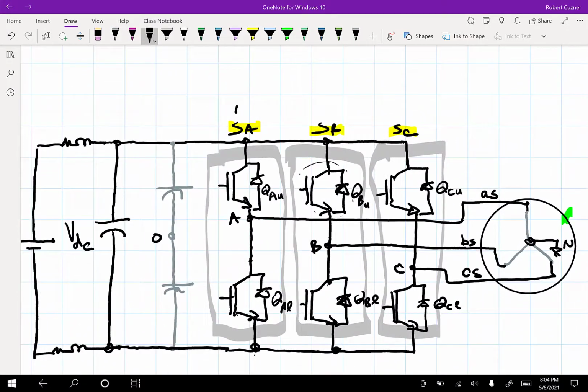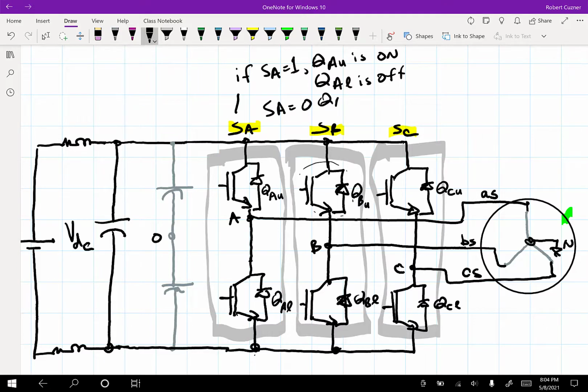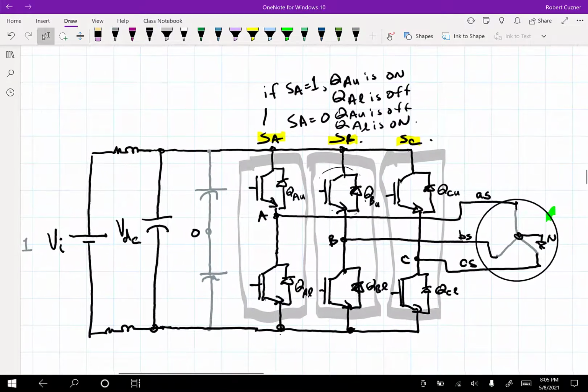So I wrote that out to explain what we're doing with these logic states. If SA equals 1, QA upper is on, and QA lower is off. If SA equals 0, QA upper is off, QA lower is on. And the same will go for these other 2 phases. So we've explained that before.